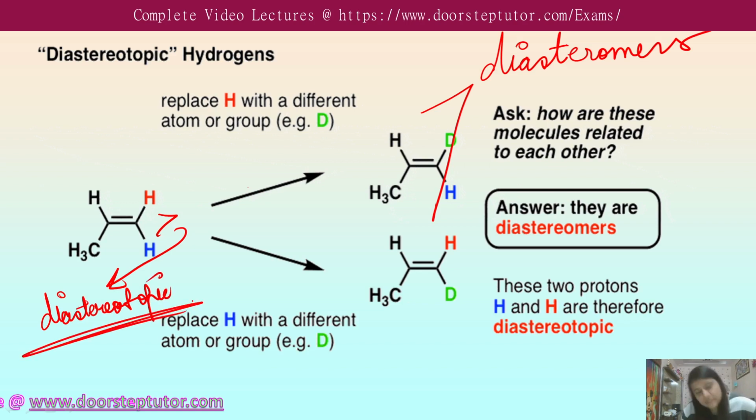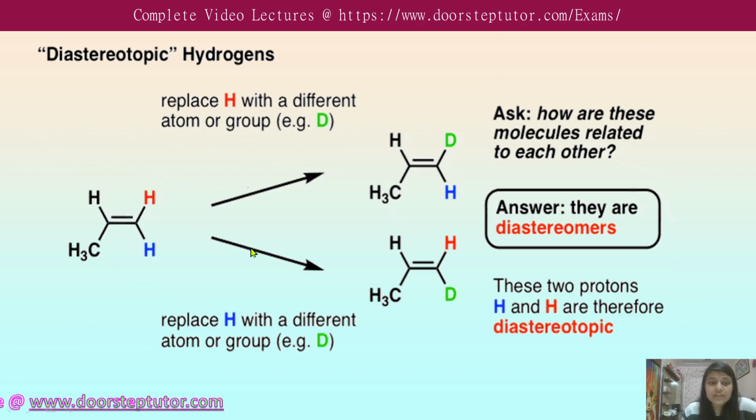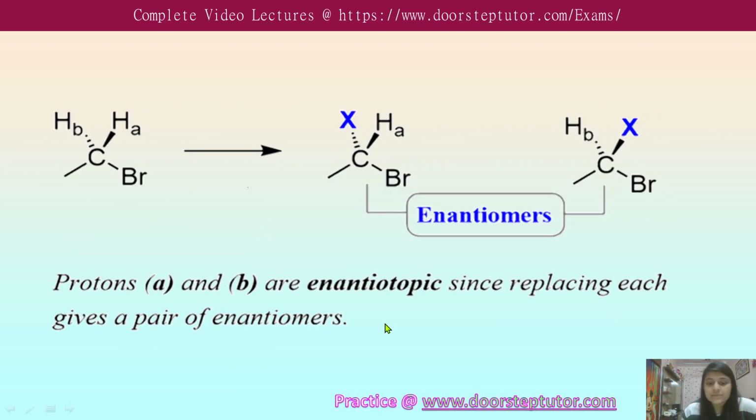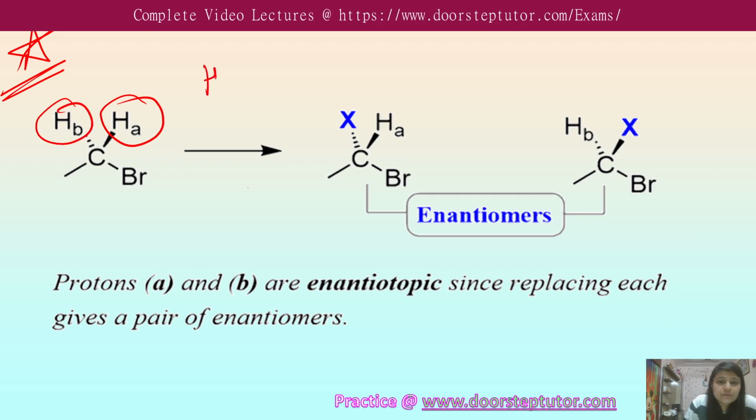It's a very important thing that you have to learn in stereochemistry so that you can apply it in spectroscopy as well. Now consider the relation as enantiotopic. If we have two hydrogens, HA and HB, and we replace HA with X and HB with X, these two are enantiomers because they are non-superimposable mirror images.